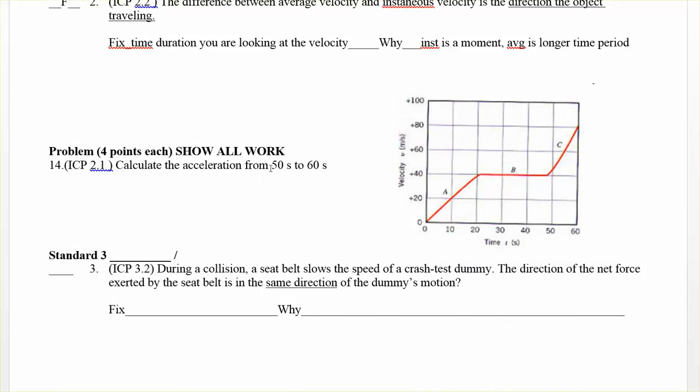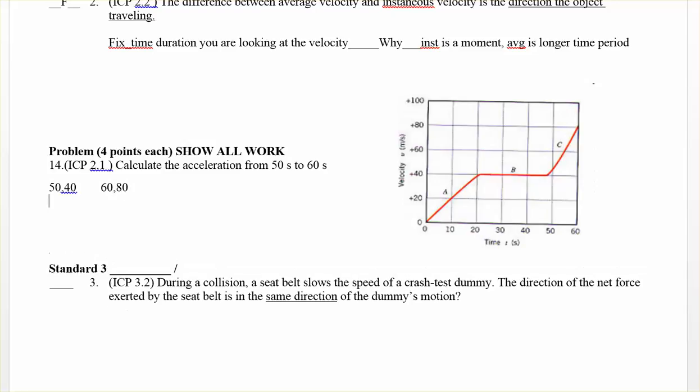Calculate the acceleration from 50 seconds to 60 seconds. Again, this is slope. My first ordered pair is 50, 40, and my next ordered pair is 60, 80.